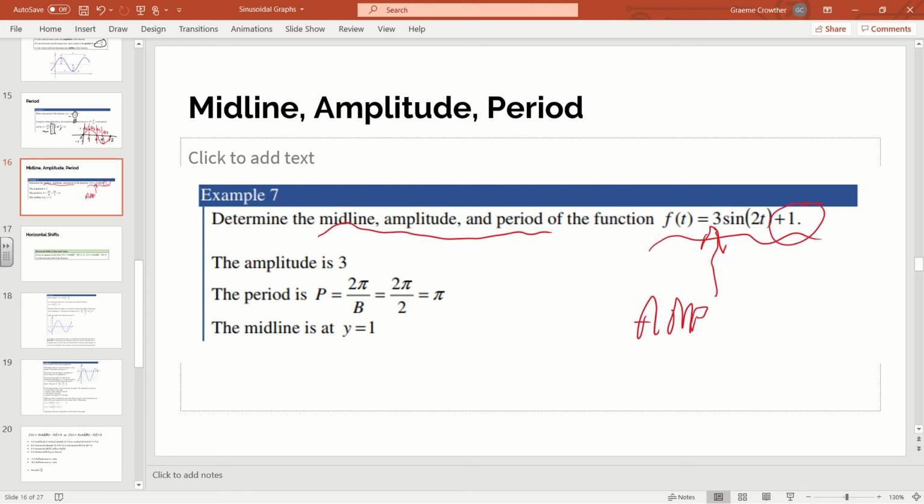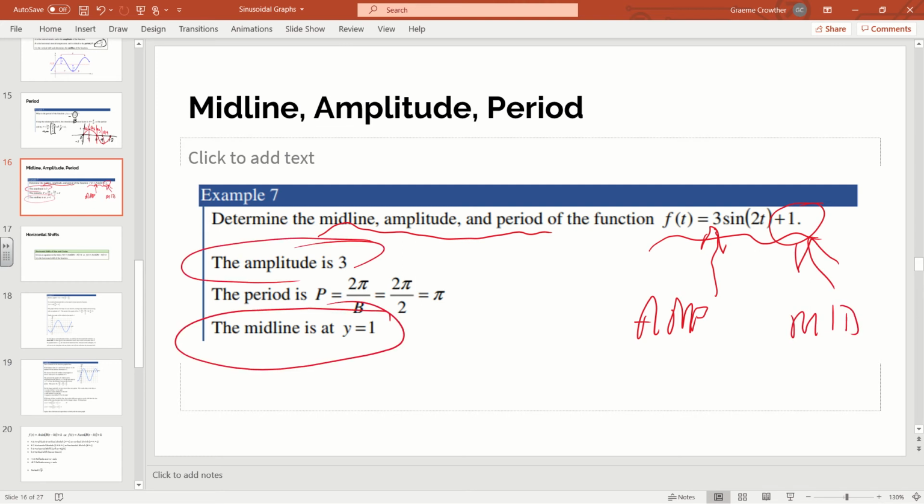Whatever is after the sine, addition or subtraction, is our vertical shift or our midline. So that takes care of the amplitude and the midline. The period is, again from the equation, 2 pi over b.